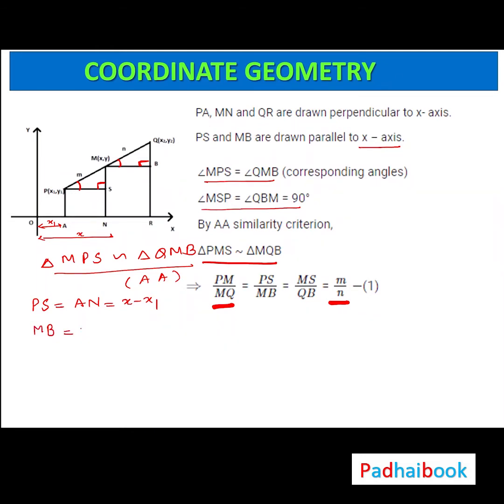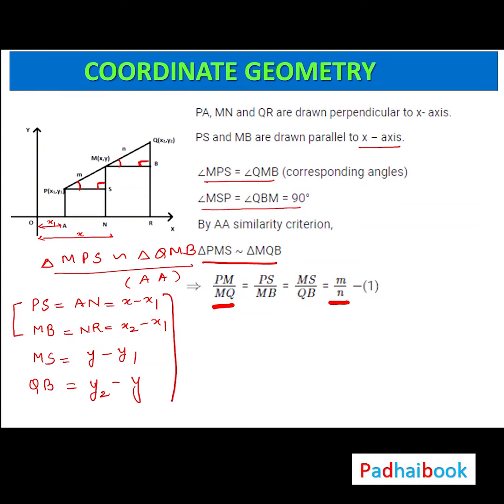MB will be equal to NR, which is equal to x2 minus x1. I hope this is clear to all. Similarly, I can find MS and QB also. So what will be MS? MS will be y minus y1 and QB will be y2 minus y.